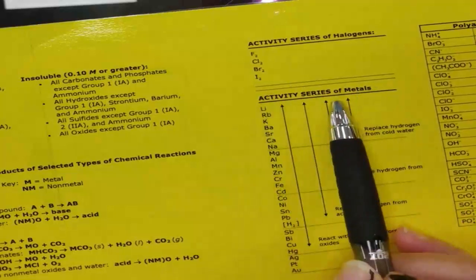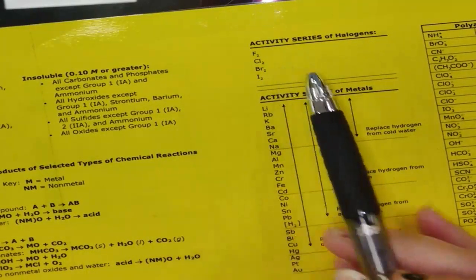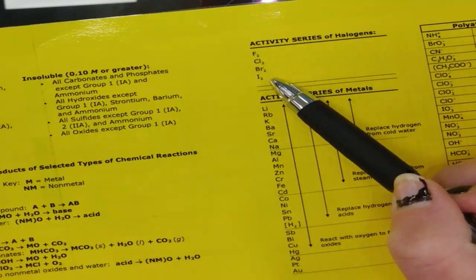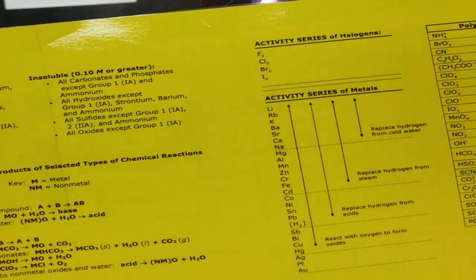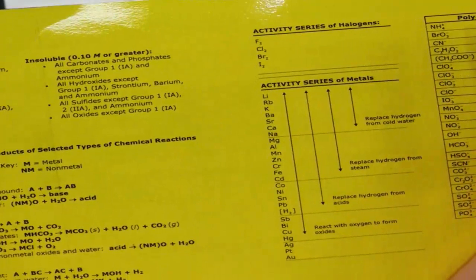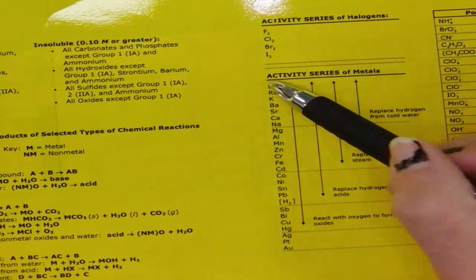So we have our activity series for the metals, and we have our activity series for the nonmetals, which are the halogens: fluorine, chlorine, bromine, and iodine. For our activity series, in order to determine if a reaction is going to take place, you are going to look at the order.